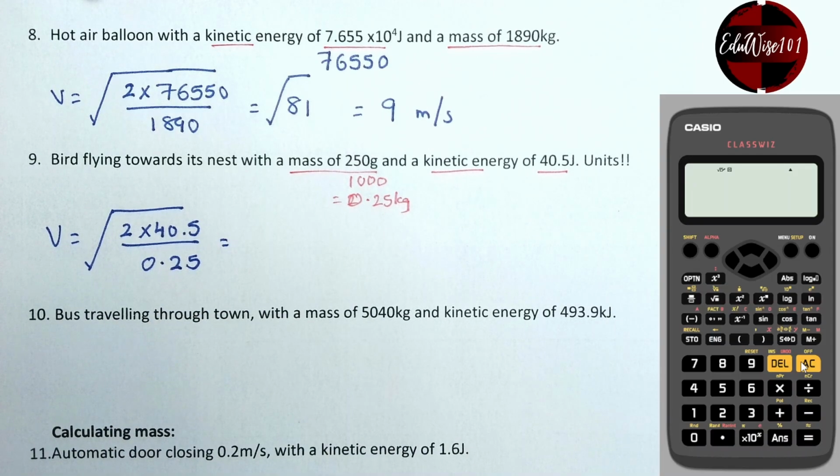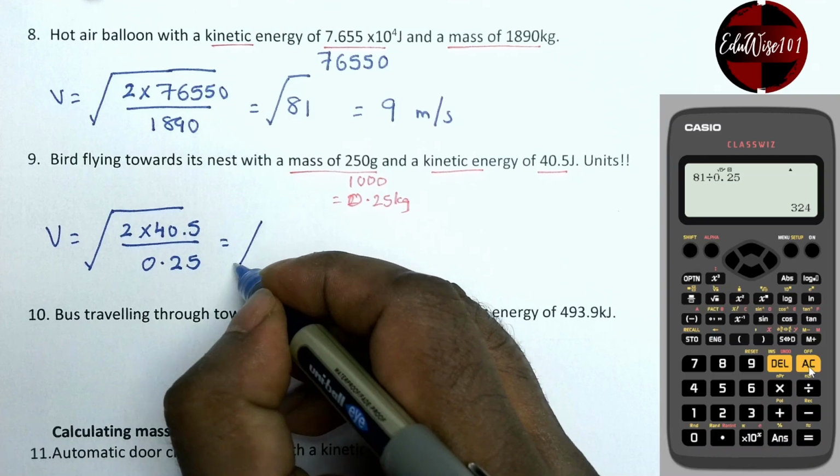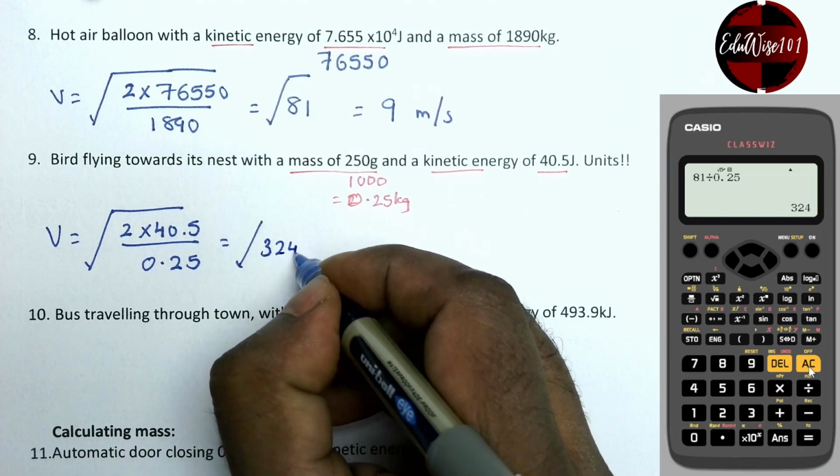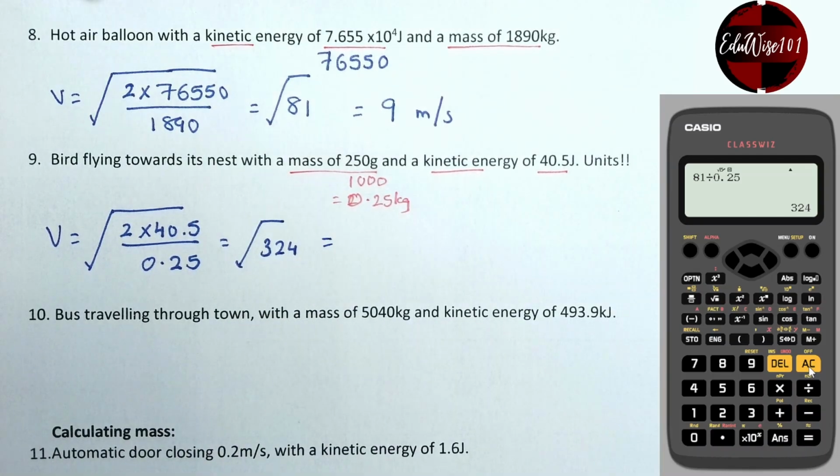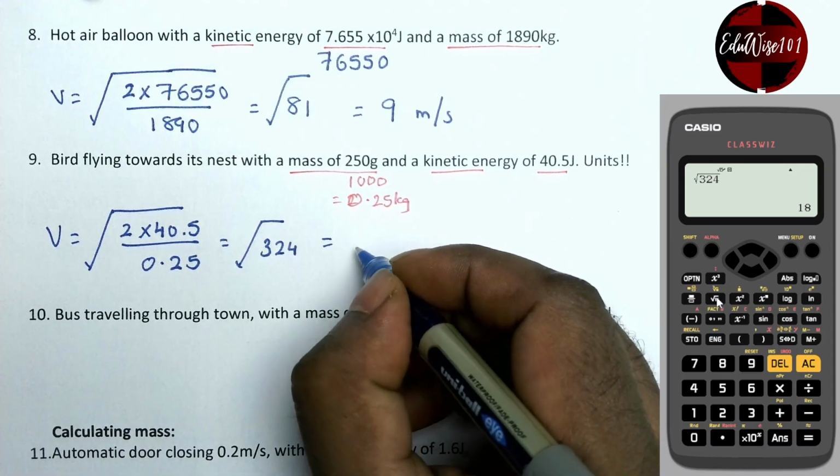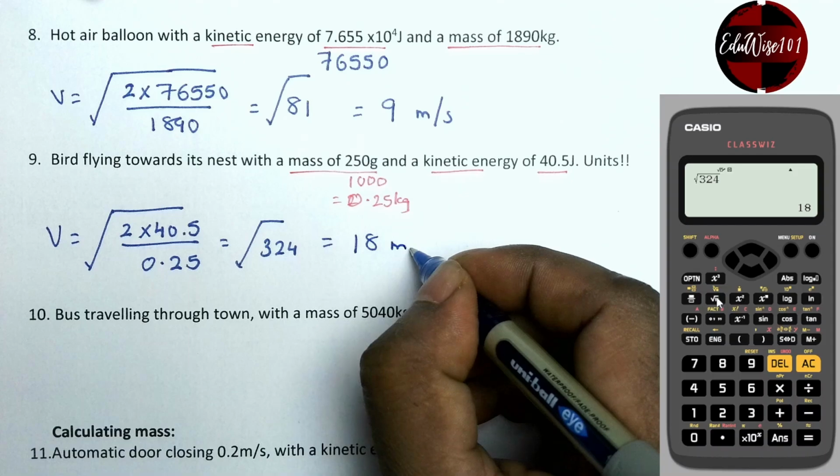So 81 divided by 0.25, that gives me 324. Square root of 324 gives me 18 meters per second.